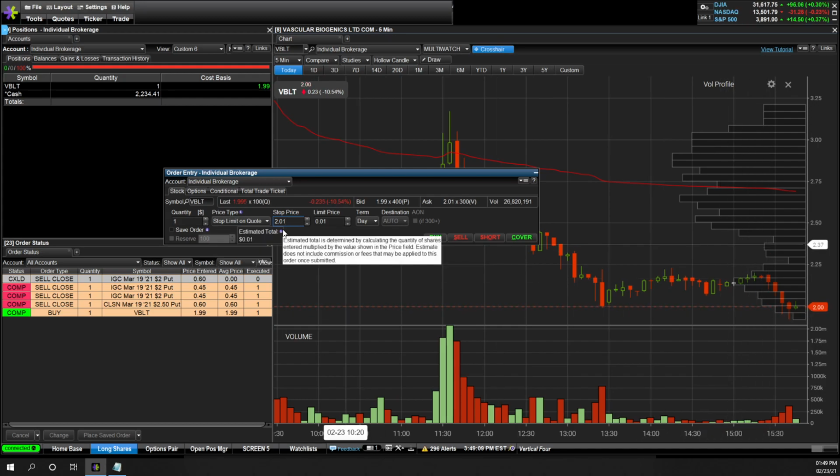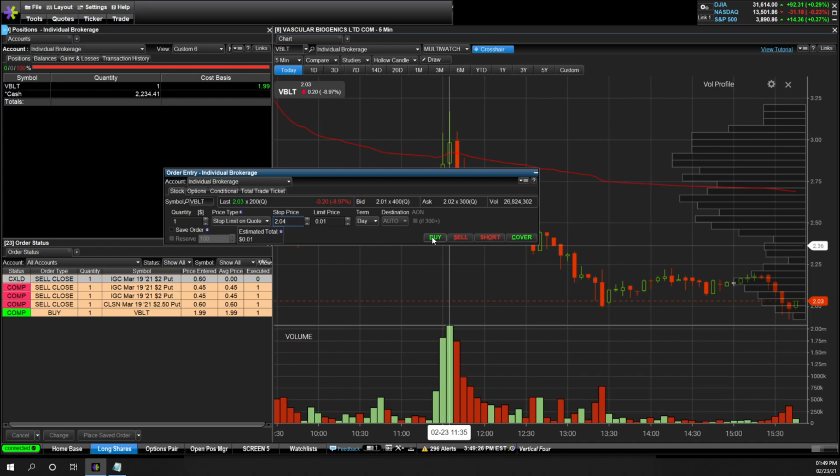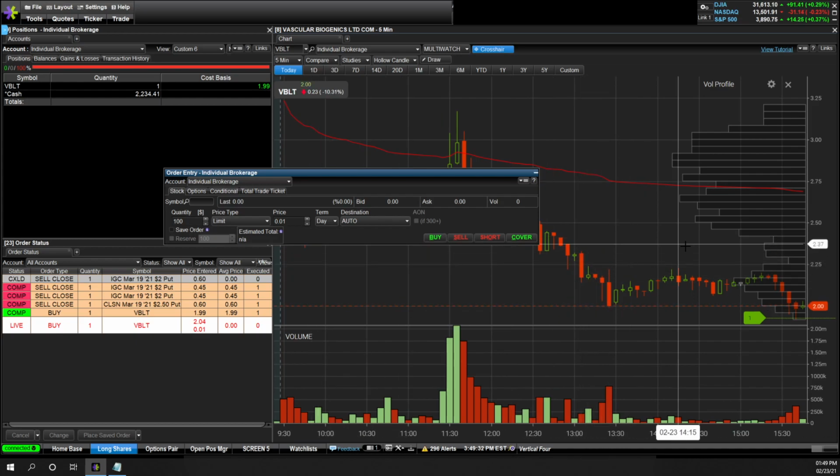So if I put this buy order in right now, and it prints at 201, well, right now it'll give me an error because it's 202. Okay, let's put it at 204. It looks like it's bouncing a little. I'll put in a buy order. Stop buy. I still have confirmations turned on.